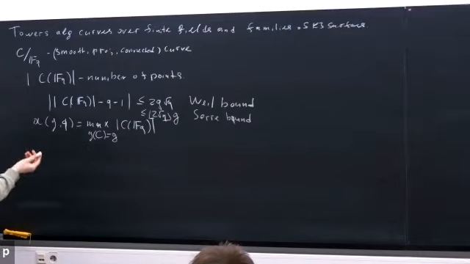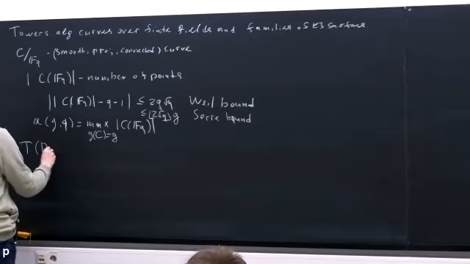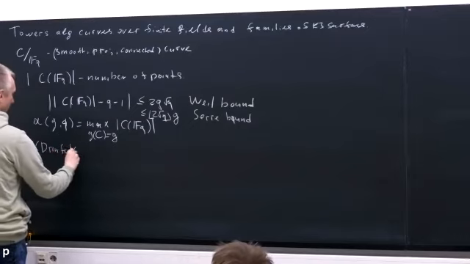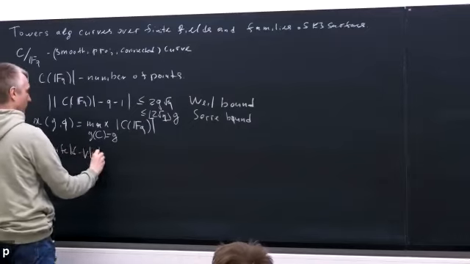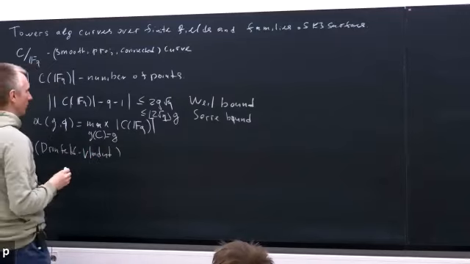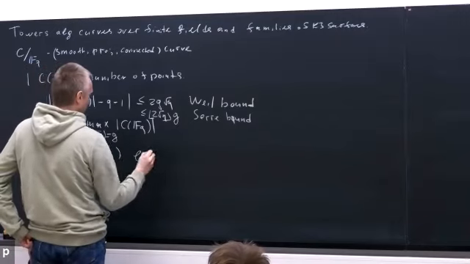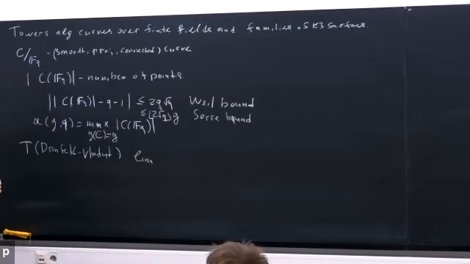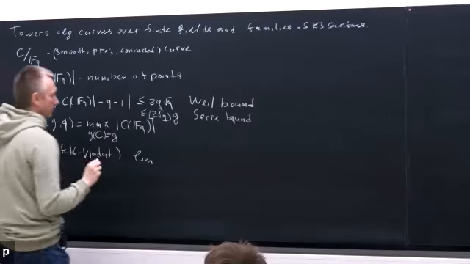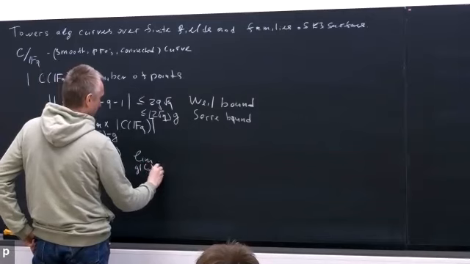A partial answer to this question gives the theorem due to Drinfeld and Vladut. Let's take a limit. Let's take an arbitrary sequence of curves such that the genus tends to infinity.